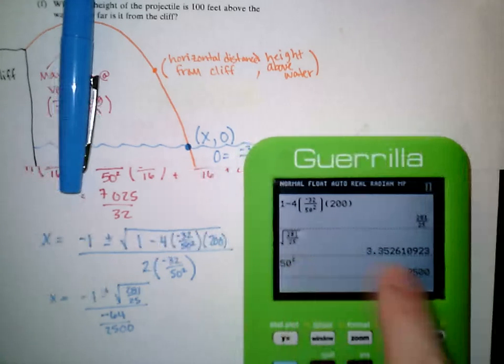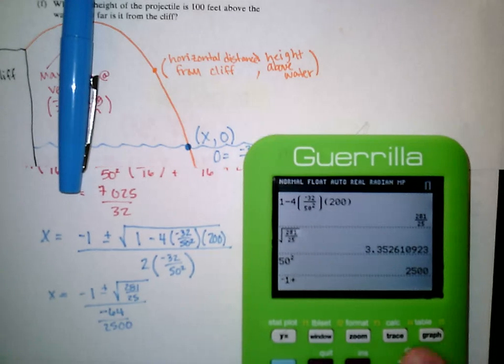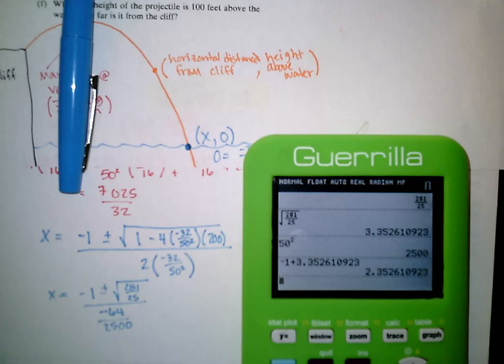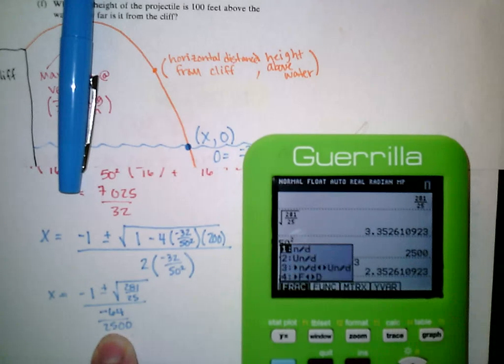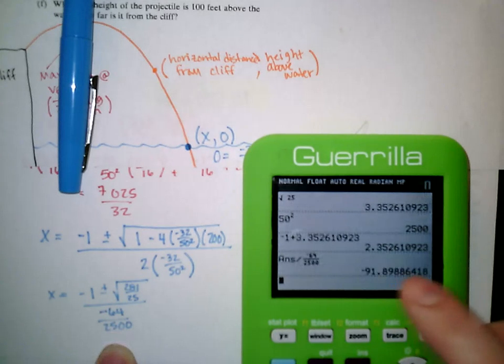So the square root of 281 over 25 was 3.35. So if we do -1 plus that number, that gives me 2.35. But then I'm going to be dividing by a fraction, -64 over 2,500. That's going to give me a negative number.